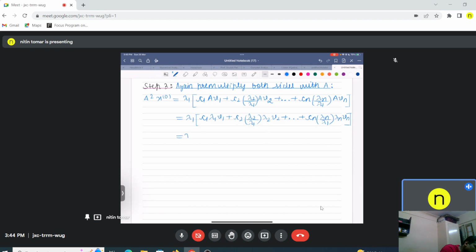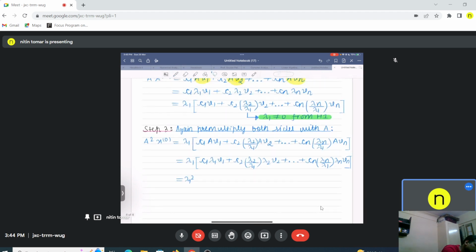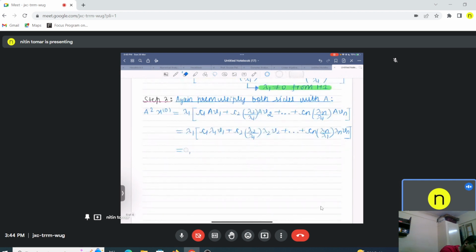Again if you take lambda 1 square common, you will get something like this, with squares on each ratio.